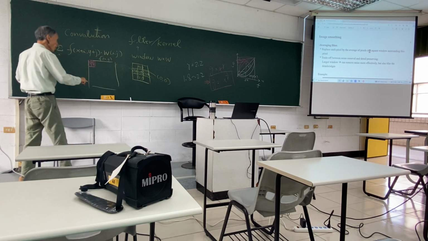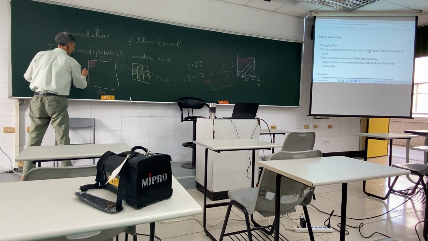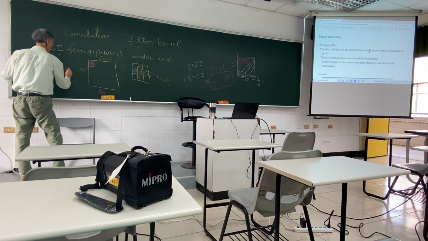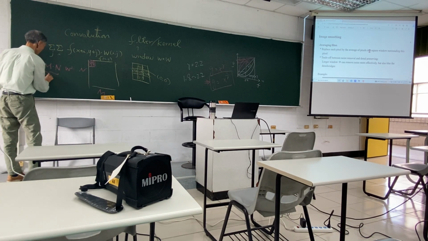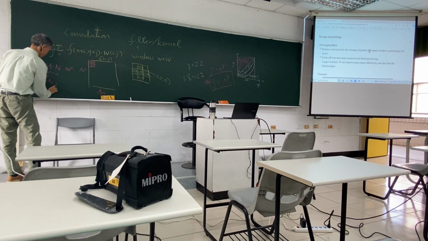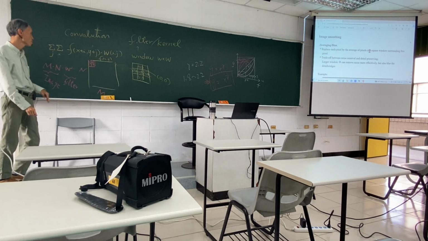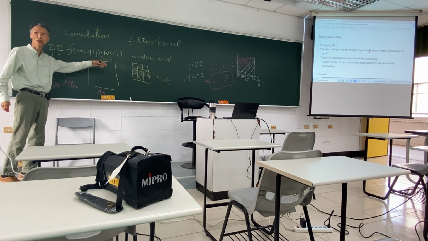So the complexity will be in the order of m times n times w squared. This is the image size, and this will be the filter size. So you need to do this convolution pixel by pixel.